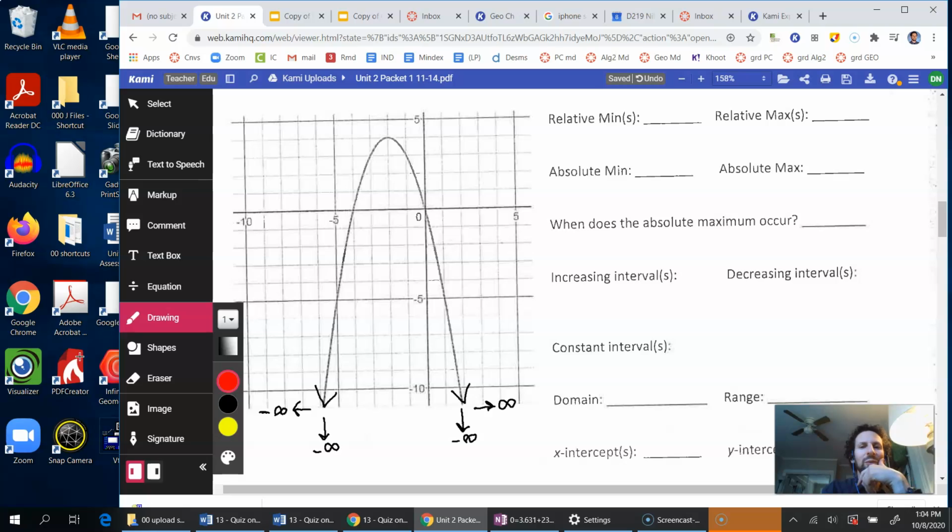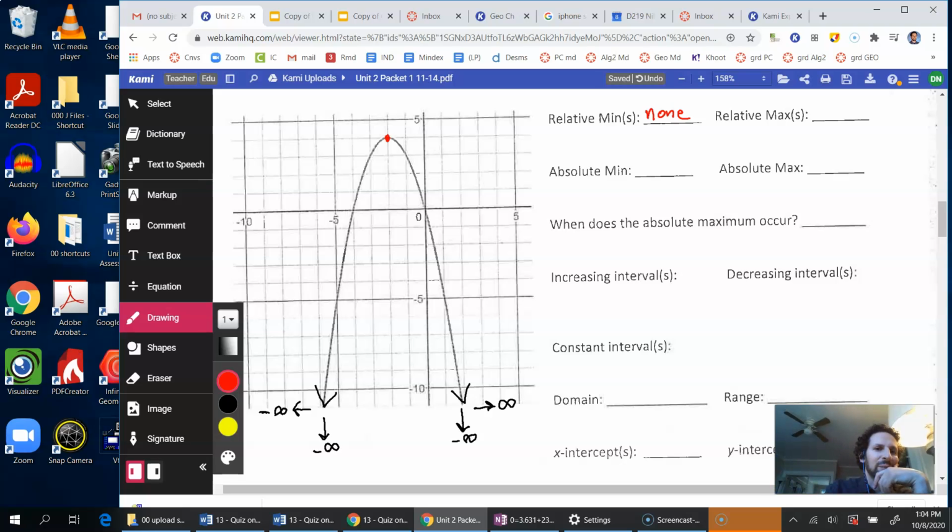When it says what's the relative min, look at the graph. It's going down to negative infinity on both parts right here. Because it's going towards negative infinity, there is no relative min. There's no point where the graph goes from decreasing to increasing.